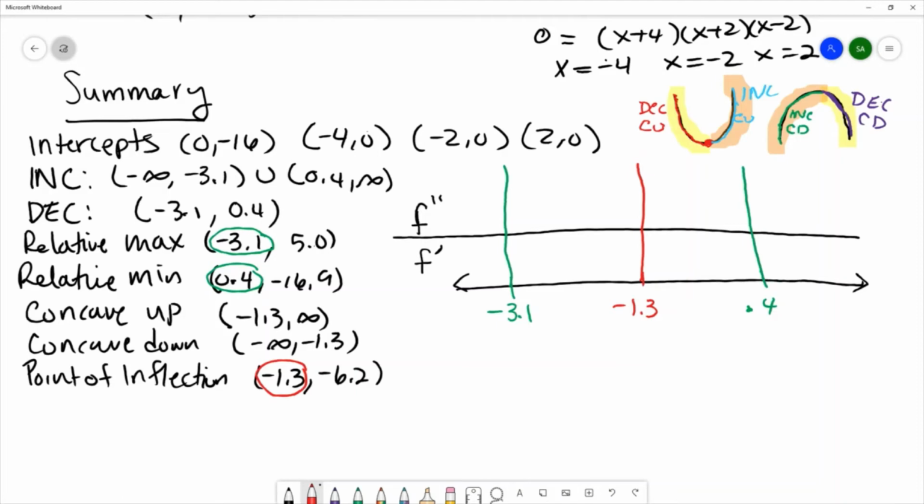Now, to the left of 3.1, we had increasing, which means that the first derivative was positive. And to the left of 3.1, we had concave down, which means the second derivative was negative.